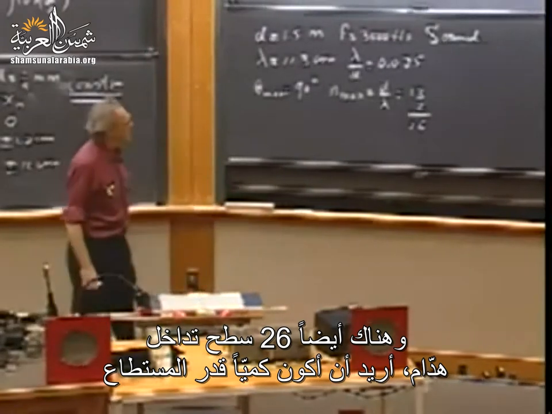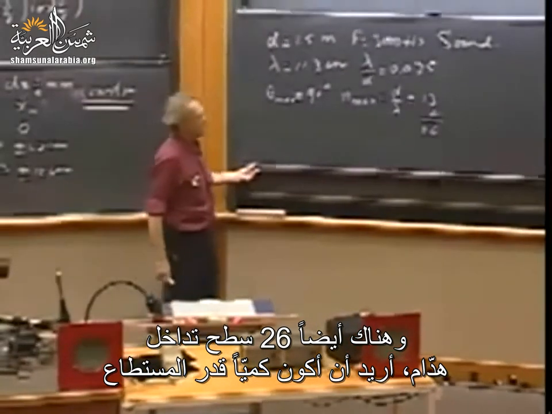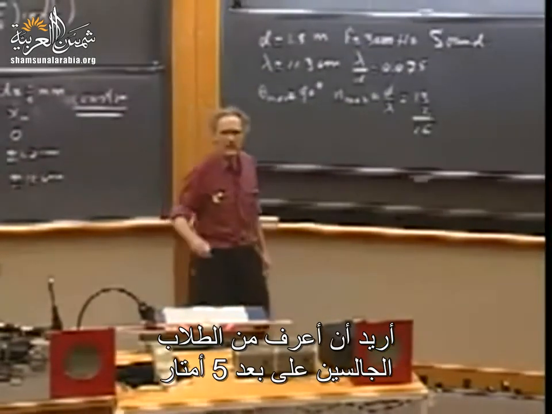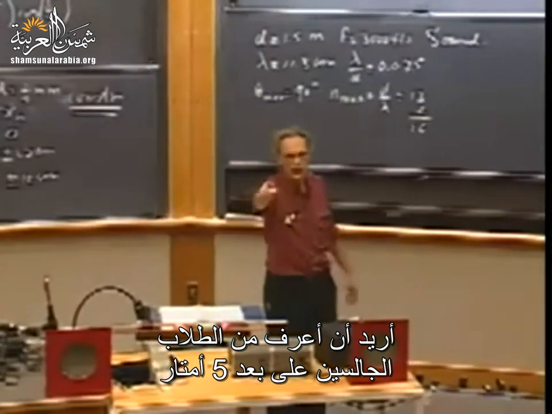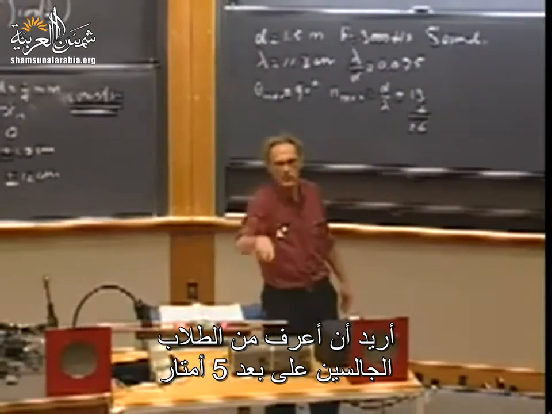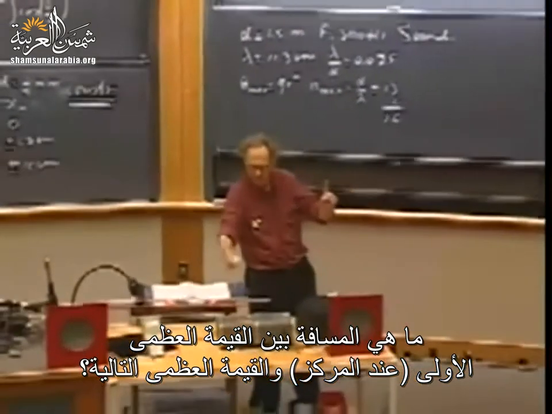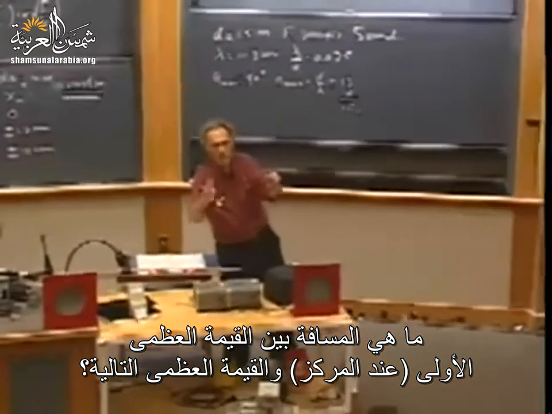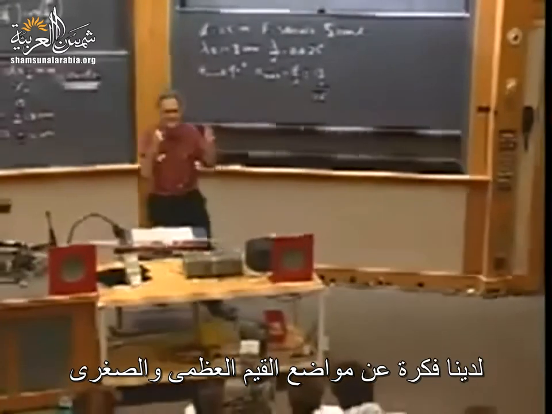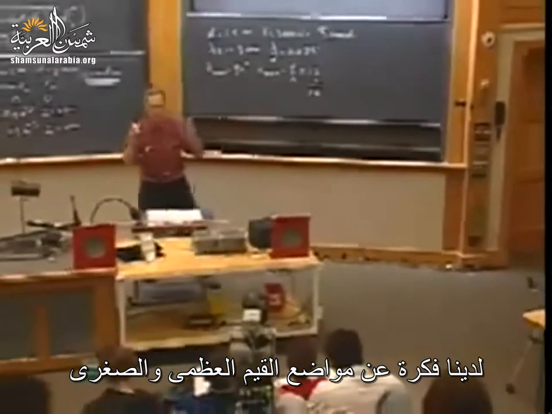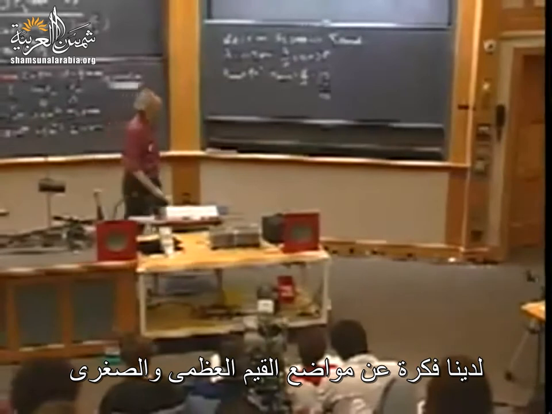So now I want to be as quantitative as I can be, and I would like to know, for the students who are sitting about 5 meters away from me, what the distance is between the 0-order maximum, right at the center, and the next maximum. We get an idea where to search for those maxima and where for those minima.